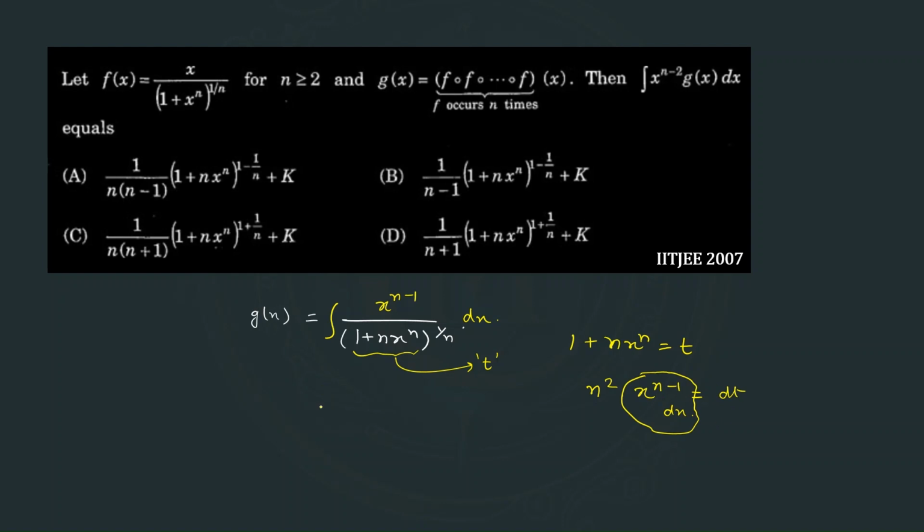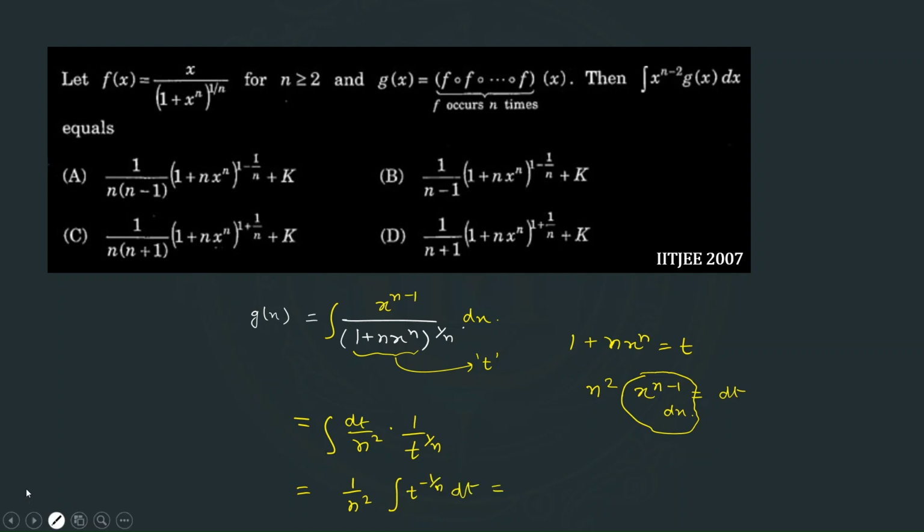So we get from here it is equal to dt by n square, then 1 by t to the power 1 by n, integral of this. So it will be 1 by n square and integral of t to the power minus 1 by n dt.